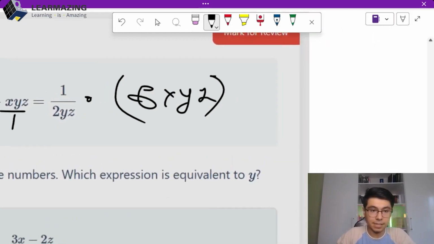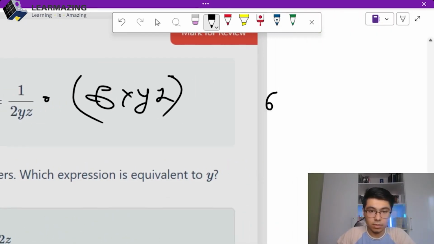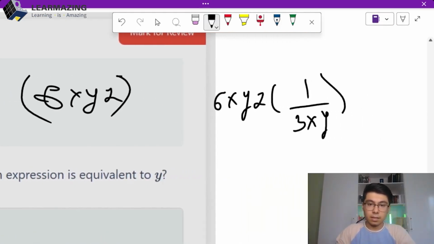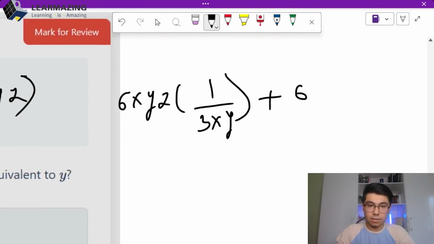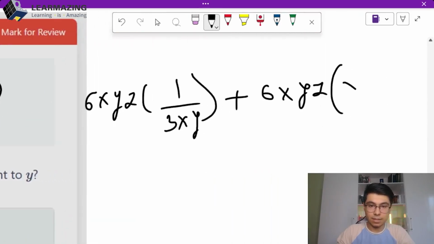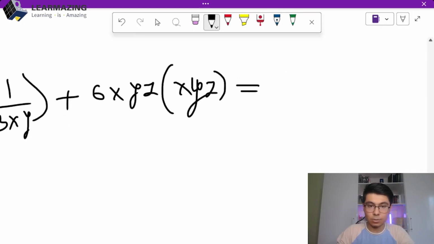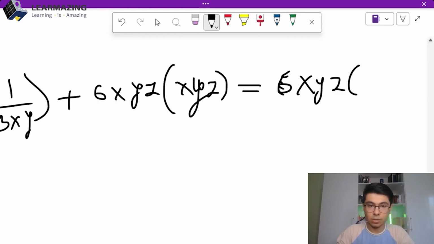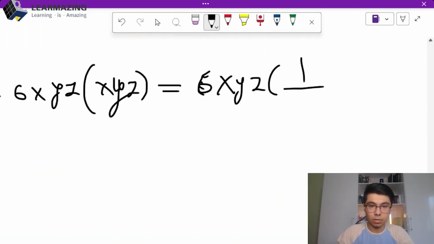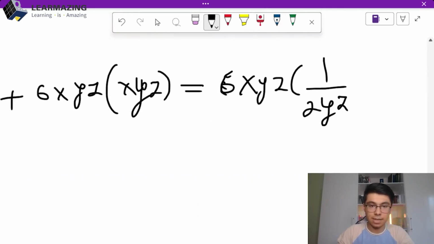So let's do that step by step. 6xyz multiplied by 1 over 3xy, plus 6xyz multiplied by xyz, and that is going to equal 6xyz multiplied by 1 over 2yz.